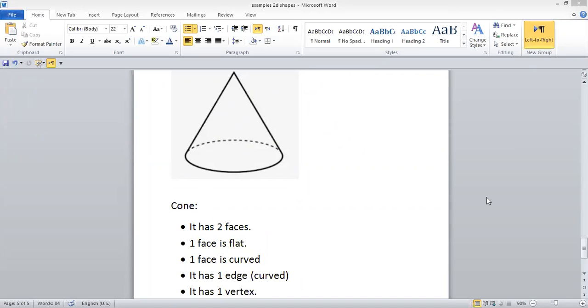So you have now studied cone, cylinder, cube, and cuboid. Now we are going to study two more shapes, and that is pyramid or tetrahedron.